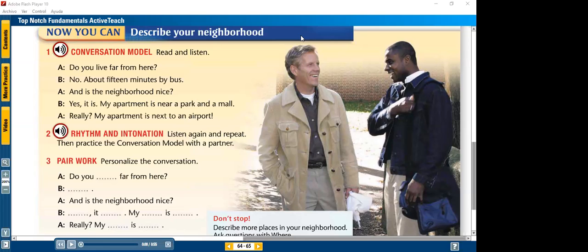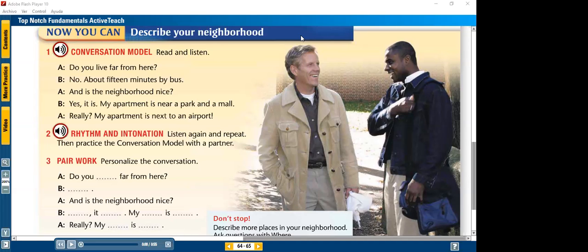It is. So, yes, yeah. Yes, it is. My apartment is near a mall and a stadium. What do you say here?